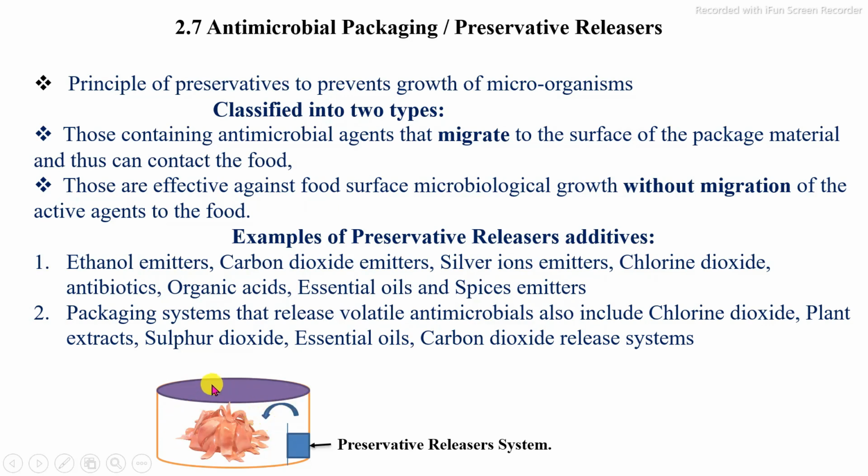It also provides preservative releasing systems such as sulfur dioxide, chlorine dioxide, plant extract, essential oil and carbon dioxide releasing systems. These act as antimicrobials to control the internal microbial growth rate and extend the shelf life of that packed product.